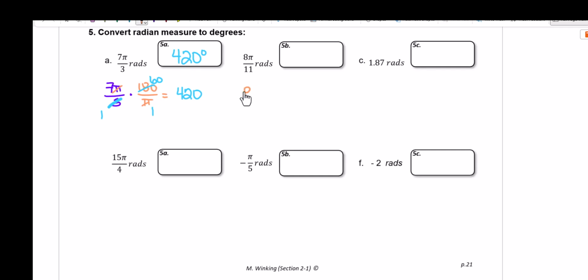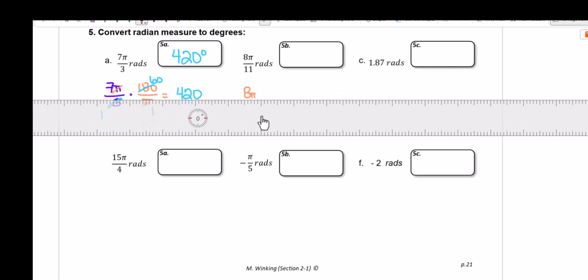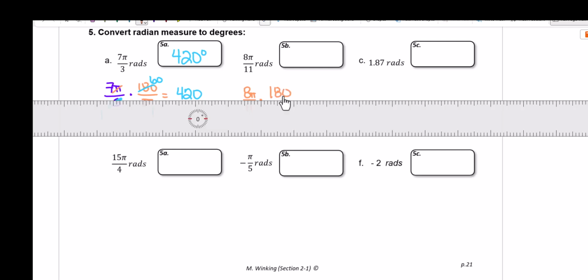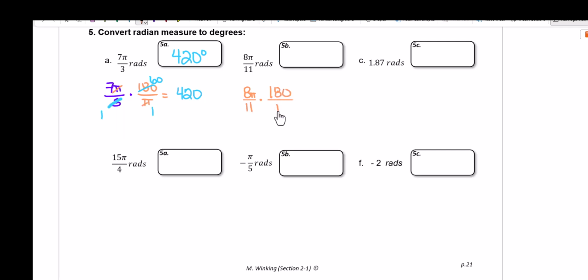So here I have 8 pi over 11. And I'm going to multiply this by 180 over pi. So we already know that the pi's are going to reduce to 1. And now I have 8 times 180.